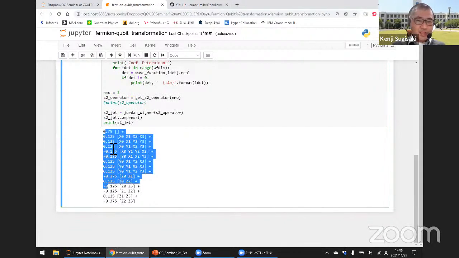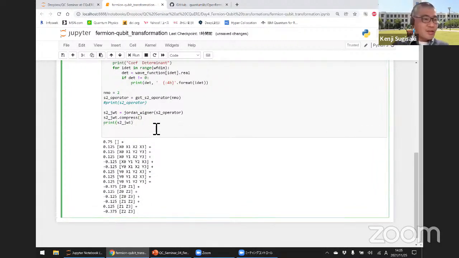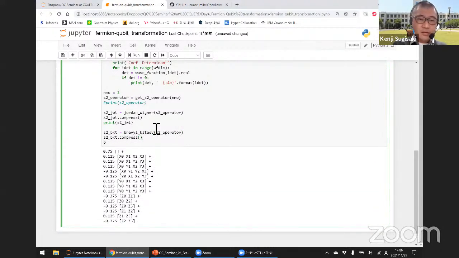As you can see, by applying this complex function, we can remove the imaginary part. In the next step, we are going to generate the S-square operator in the Bravyi-Kitaev basis, just applying this Bravyi-Kitaev function.